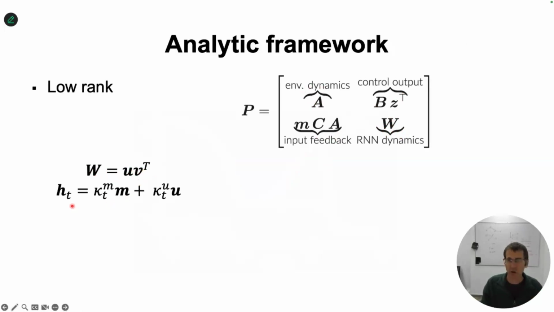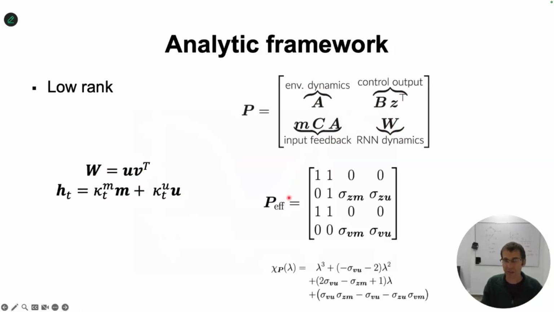That in turn will cause our hidden dynamics of the RNN to be two-dimensional. They are spanned by the input and recurrent connectivity. And this allows the effective matrix to be a 4x4 matrix, and only 4 numbers, these overlaps, determine the entire dynamics of both world and network.